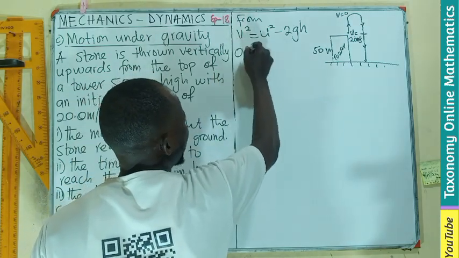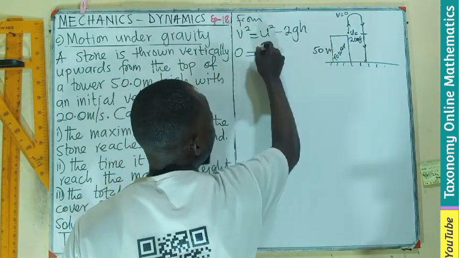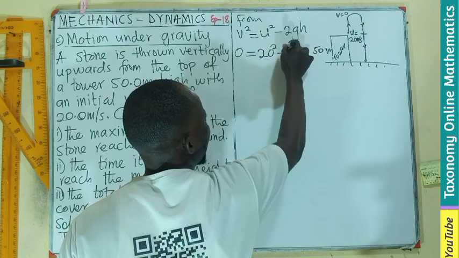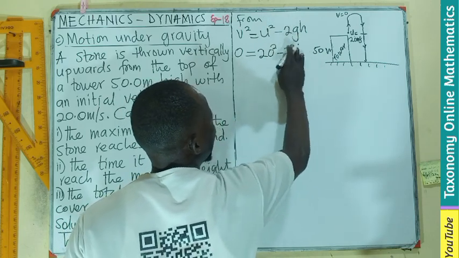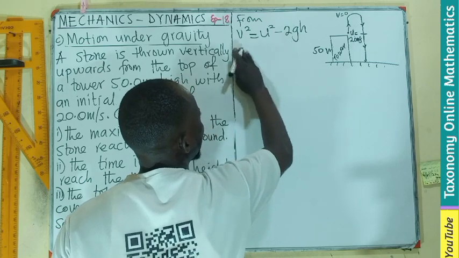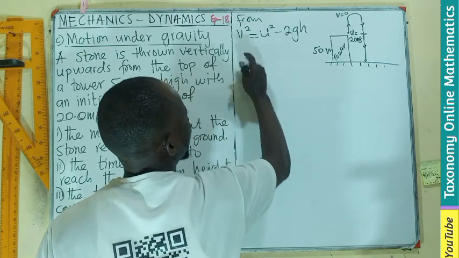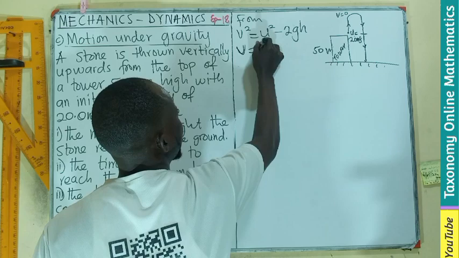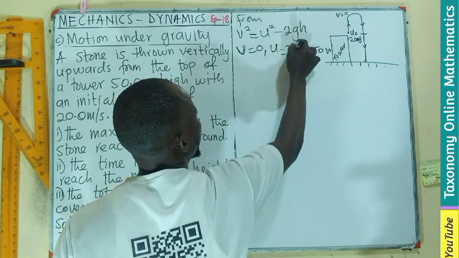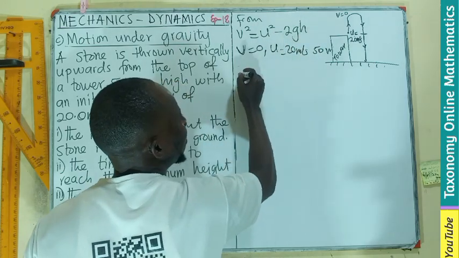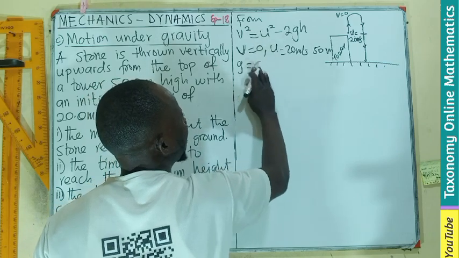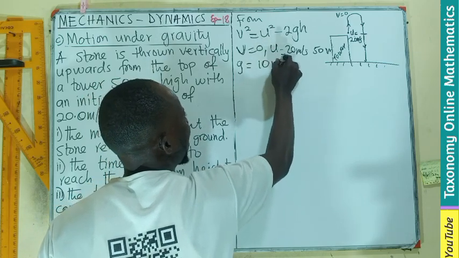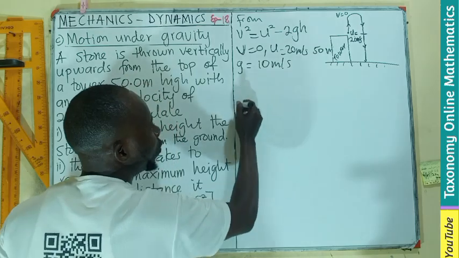So I have 0 equals the initial velocity 20 squared minus 2 times g times h. So v is 0, u is 20 meters per second, and g is going to be 10 meters per second squared.